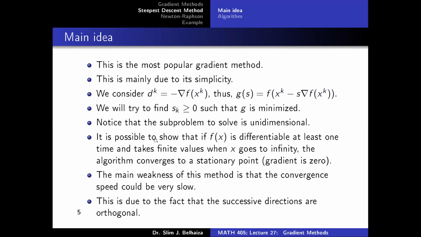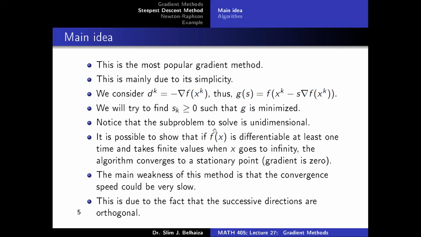So I'll talk now about what we call the steepest descent method. This is the most popular gradient method. This is mainly due to its simplicity. So we consider here that dk is minus the gradient of f at xk, and therefore g of s would be equal to f of xk minus s times the gradient of f at xk.